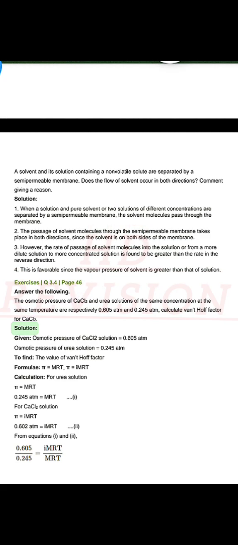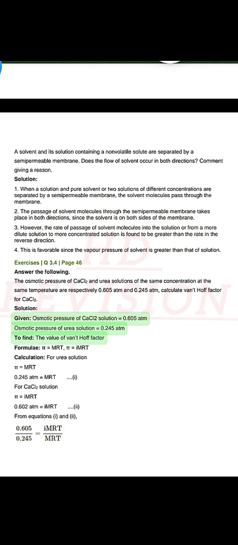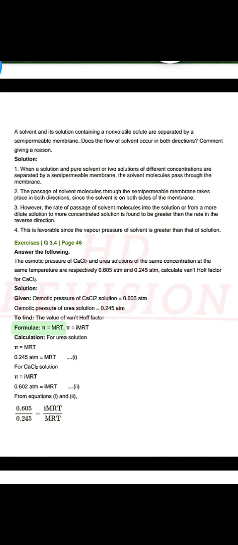Solution: Given osmotic pressure of CaCl2 solution equals 0.605 atmospheres, osmotic pressure of urea solution equals 0.245 atmospheres. To find the value of the Van't Hoff factor. Formulae: pi equals CRT, pi equals iCRT.